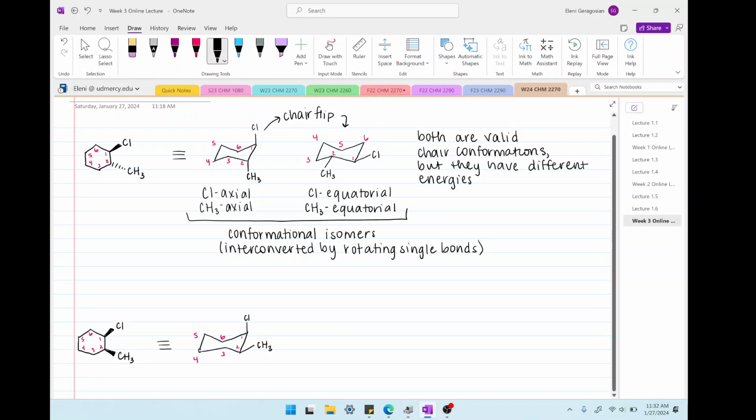So again, another way to draw the conformational isomer is to take the left and right bonds, so carbon 1 to 2, and looking at this molecule, carbon 1 to 2 and carbon 5 and 4, those bonds, and instead of angling them to the right, we angle them to the left.